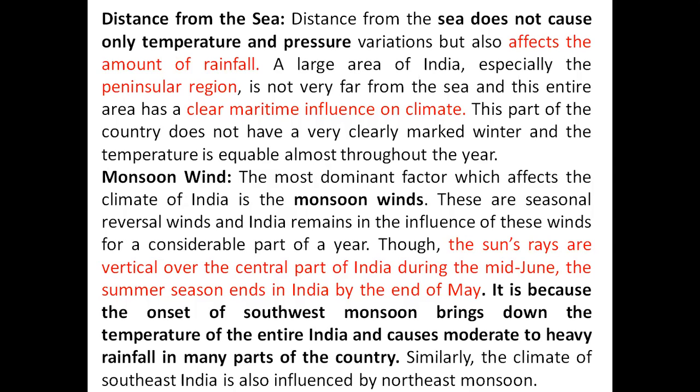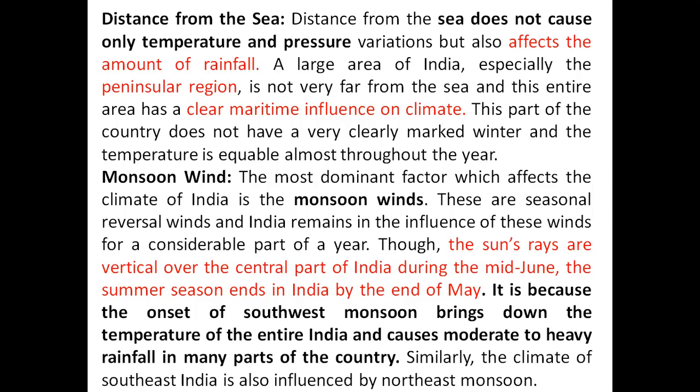The next factor is monsoon wind. Monsoon wind is one of the important dominant factors which affect India's climate. Due to the reversal or retreating of monsoon winds, India's climate changes between summer and winter seasons, which also creates the southwest monsoon and the northeast monsoon.